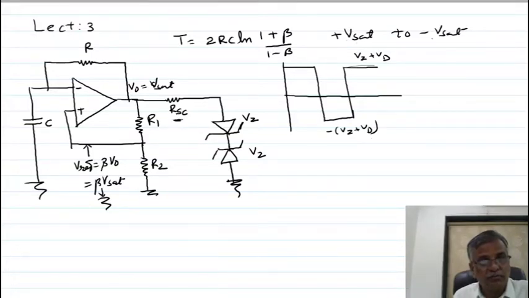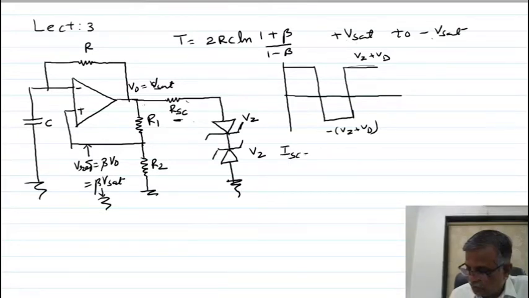This resistor puts a limit on the current drawn from the output terminal of the op-amp. This is the second way I am telling you that you can change the amplitude of the output voltage, by connecting Zener diodes back to back as shown in the figure.